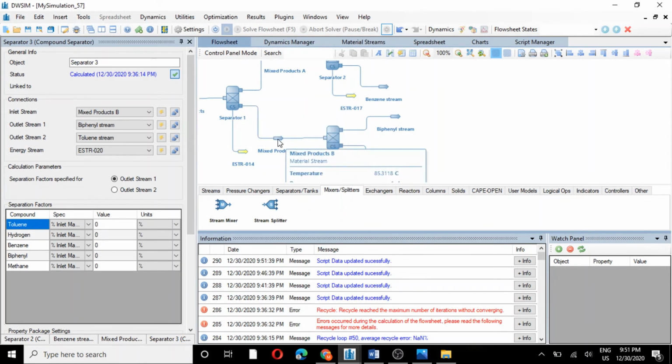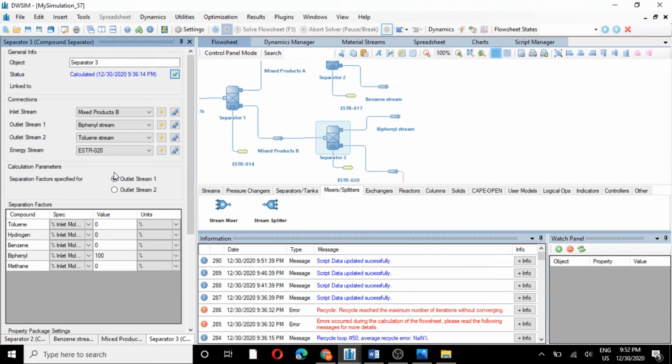Since toluene and biphenyl exit mixed products B and enter separator 3, to separate the biphenyl from the toluene we need to do the same: click this to molar flow rate, and the biphenyl stream will exit 100% in outlet stream 1.